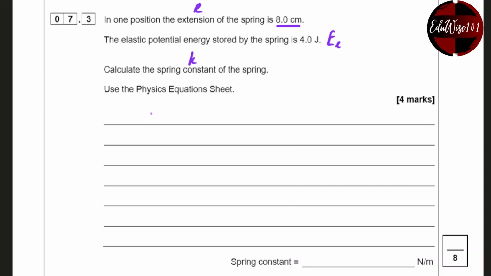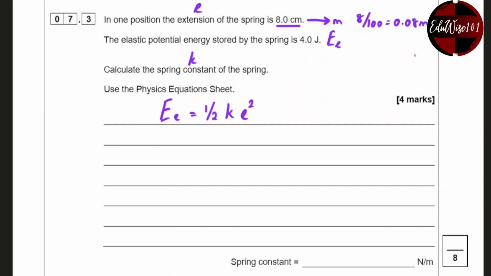So the physics equation sheet says elastic potential energy, Ee, is equal to half k, for spring constant, e squared, for the extension squared. Now the extension has to be in meters. How do we change 8 centimeters to meters? 8 divided by 100 gives me 0.08 meters.